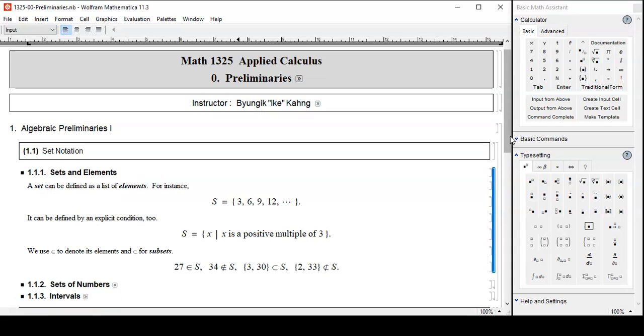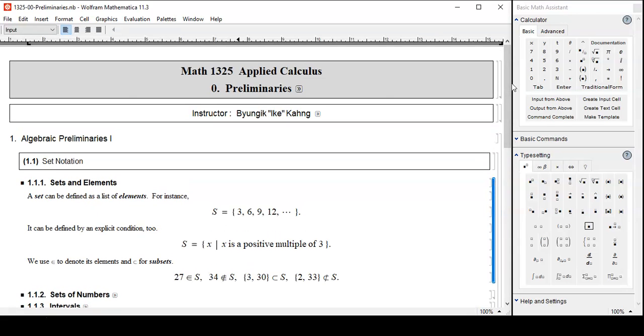Sets and elements. I hope everybody is already comfortable with the idea of sets and elements, but in case there are some people who are a little bit hazy about those, here we go. What do you mean by set and element? As you can see in this kind of expression, a set consists of a list of some elements: 3, 6, 9, 12, and so on. I hope you see the pattern. These things inside the set are called the elements, and put all those together, that's called a set.